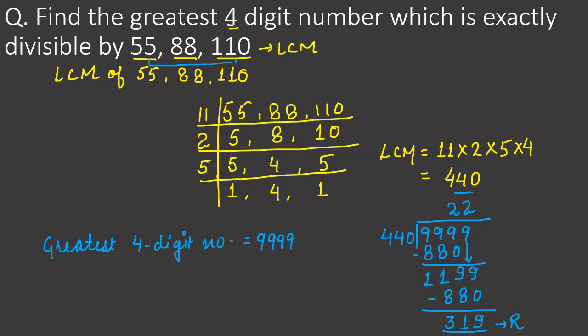If we subtract this remainder from the dividend, then the difference between these two will be exactly divisible by 440.